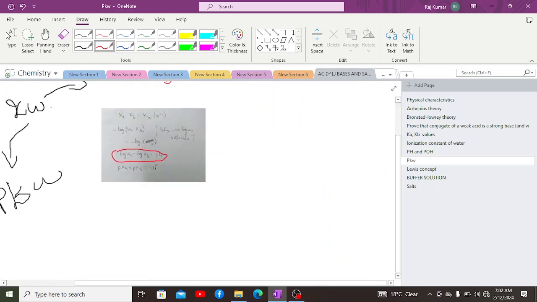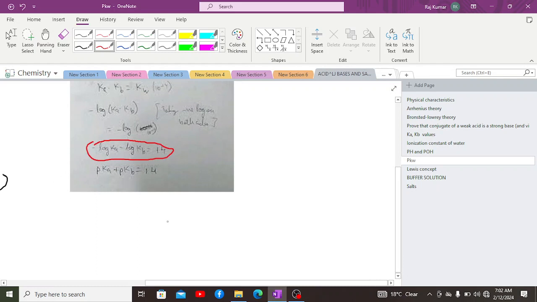Again, when you utilize this equation, as you can see, Ka into Kb is equal to Kw, and Ka is equal to Kw upon Kb. Now, as you can see within this equation, Kw is a constant.